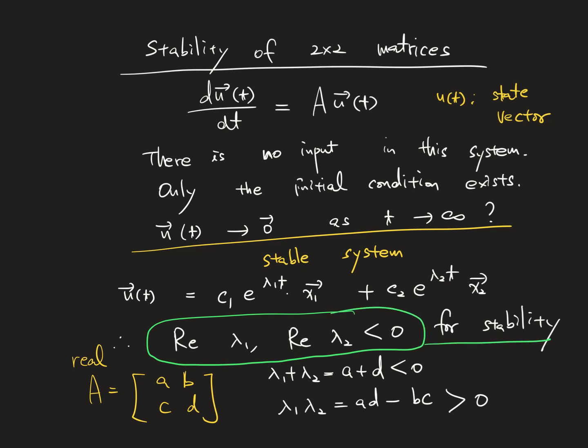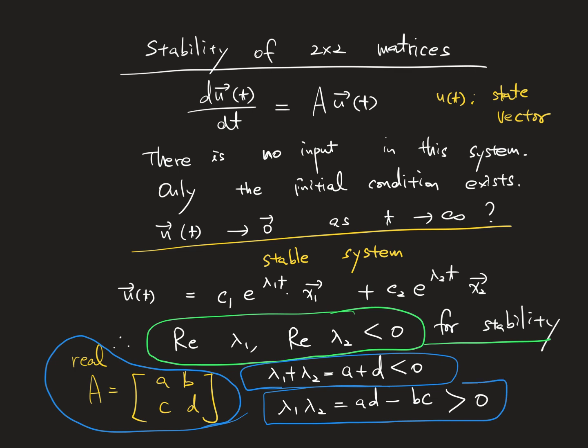So if we consider this real matrix, and the trace is negative and the determinant is positive, then we can say this system is stable.